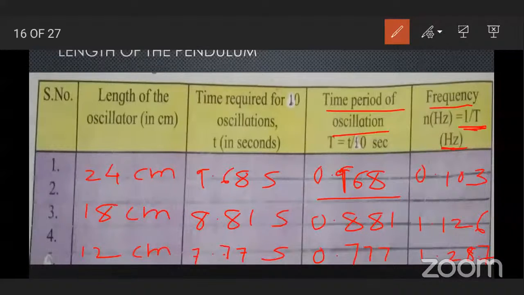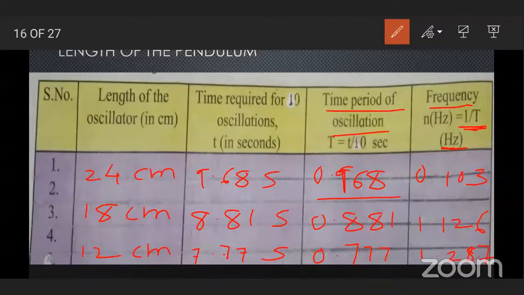From these observations, what did you understand? Now your chart is ready, with calculation. Can you tell me?